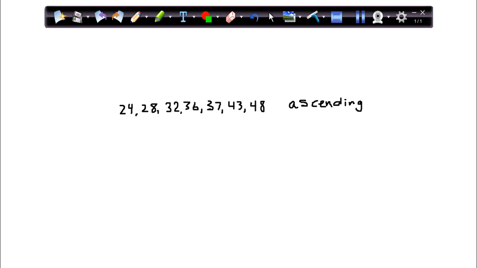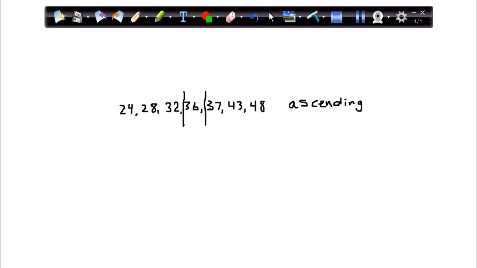Step 2 says what? Find the middle number. How many numbers do we have? 1, 2, 3, 4, 5, 6, 7. Because we have 7 numbers, look, there are 3 on one side and 3 on the opposite side, right? So what's the middle number? 36.